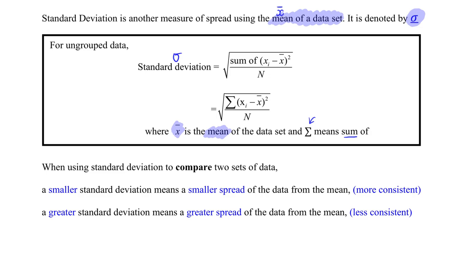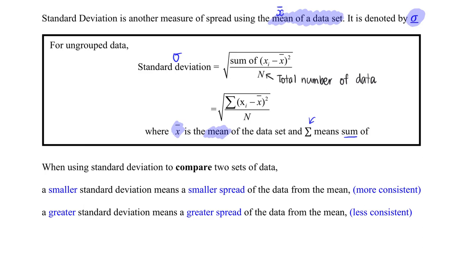This is important. n is the total number of data in this data set. So this is the total.